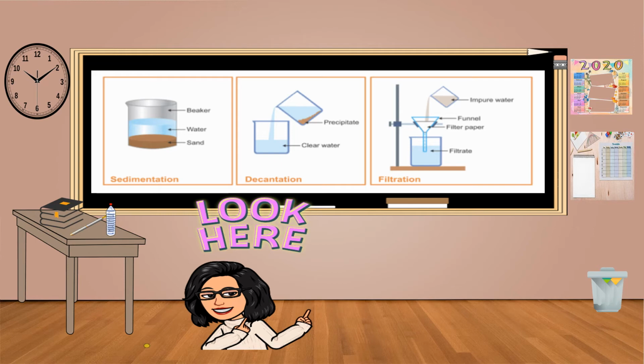Now, we can tilt this beaker and pour clear water into another container, leaving behind the soil and a little bit of water which is mixed up with that soil. Now this we can separate by using filter paper, and this process is called filtration. That's why I told you that all the three processes are used simultaneously.